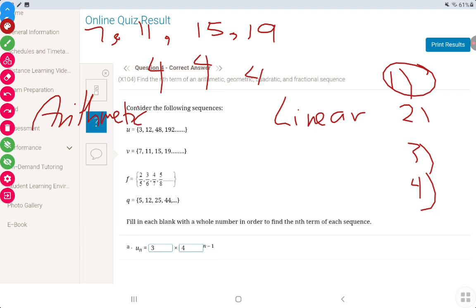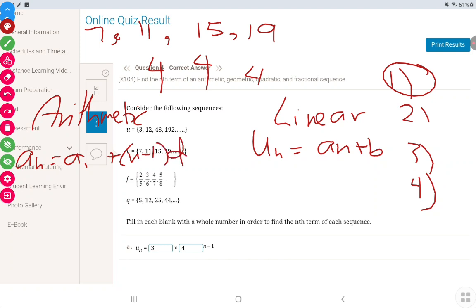The general term of a linear sequence is un equals an plus b. The general term of an arithmetic progression is an equals a1 plus n minus 1 times d, okay?